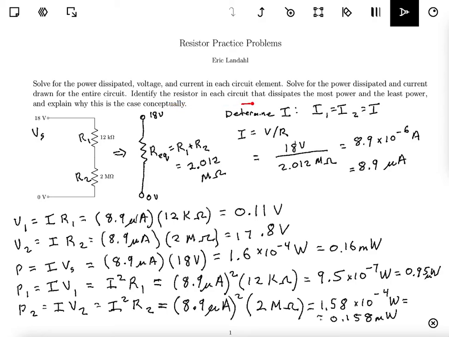And the resistor that dissipates the most power is the second one. So this is the most power and this is the least power.